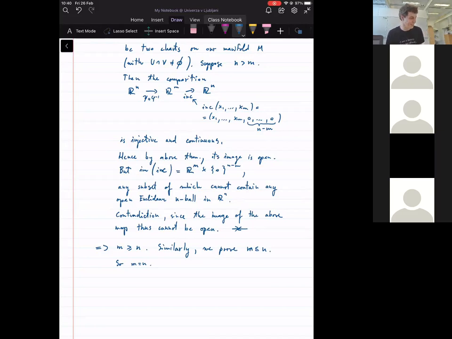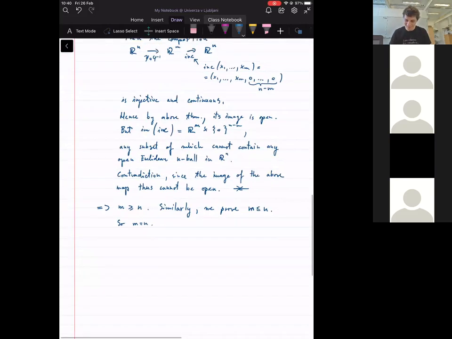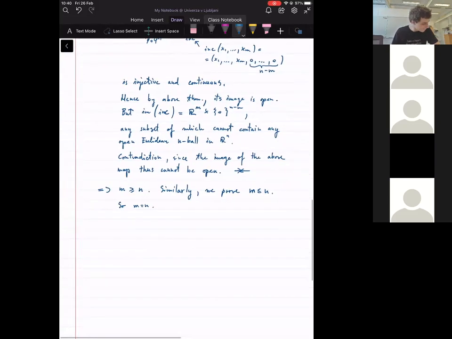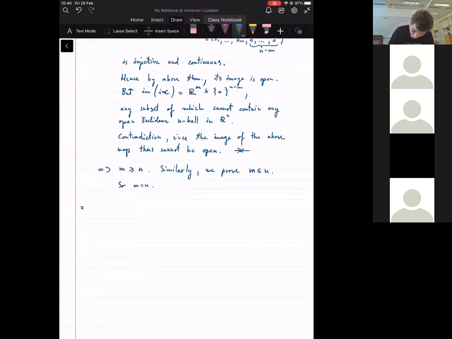So this is coming from someone that has already seen the construction of the charts on the real projective space, right? Last time we were at the second exercise, I think. So now this is the third exercise.